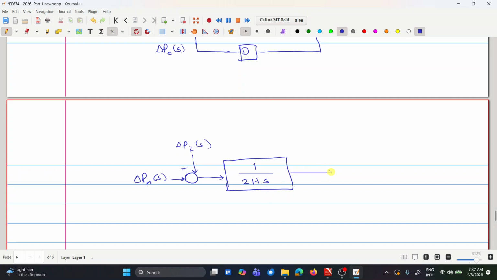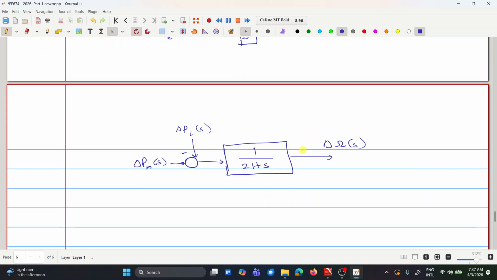That will give the variation in the speed of the synchronous machine. So now this is the generator plus the load model.